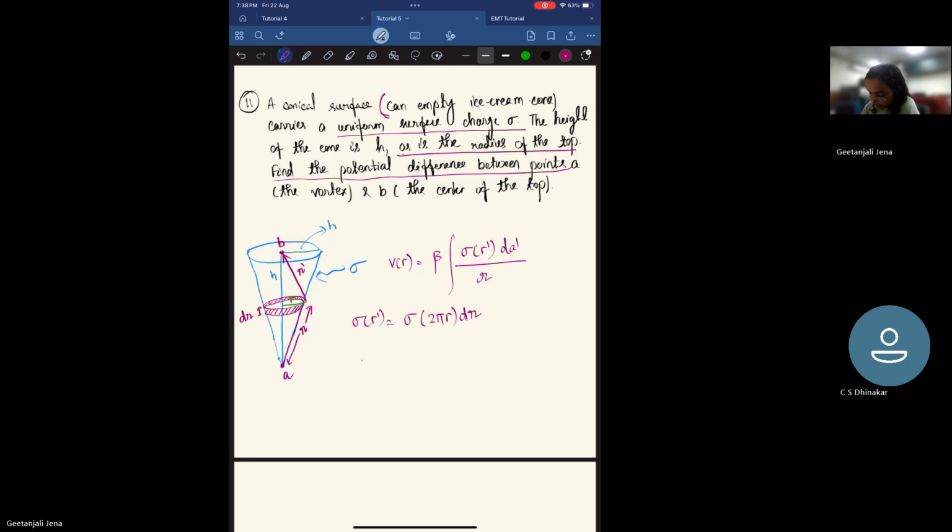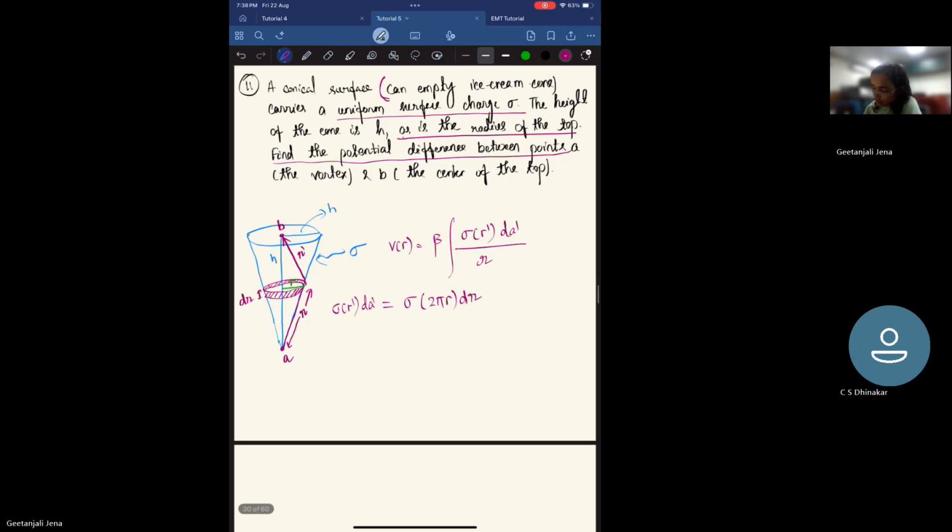And the distance. So this will be the total charge. Let us first calculate the integration. This will be beta sigma 2 pi r dr over R.